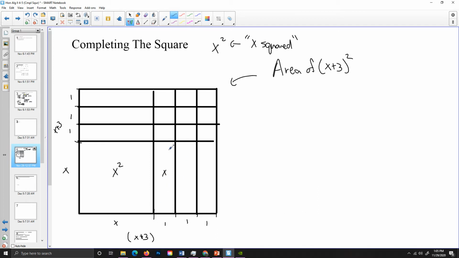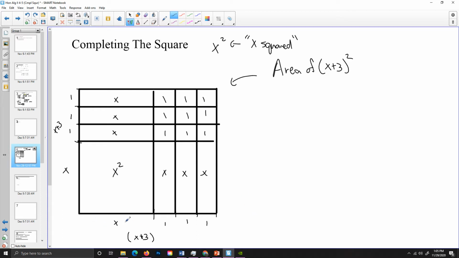Now all of the remaining 5 long rectangles will also have area x in them. And this box right here is a 1 by 1 box, so its area is 1. All of them are 1.